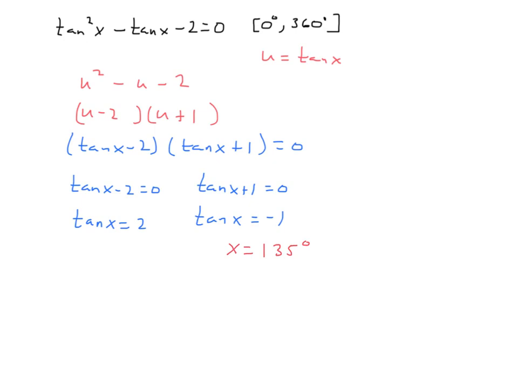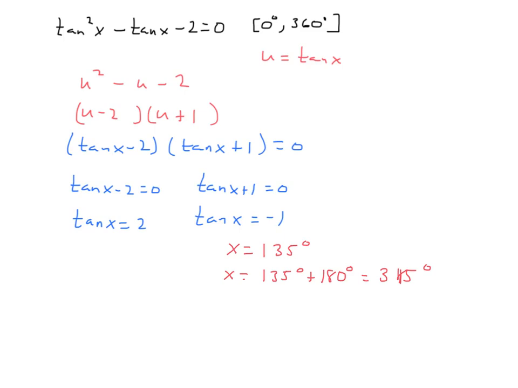The period on tangent is 180 degrees. So my other solution is x equals 135 degrees plus 180 degrees, which comes out to be 315 degrees. Those would be my solutions on that side.